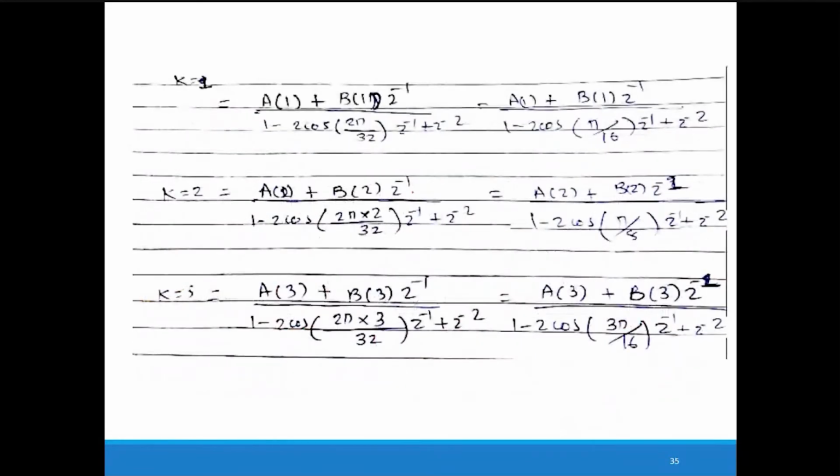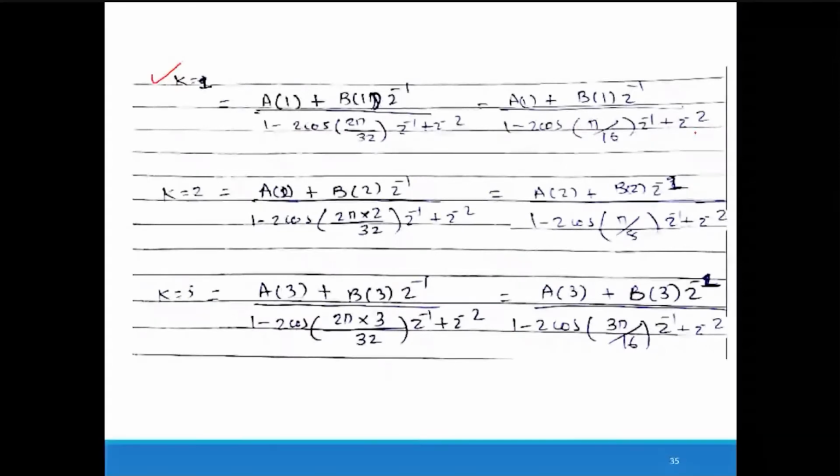Now we are taking the value of k equal to 1. For k equal to 1, this equation will be a1 plus b1 z inverse divided by 1 minus 2 cos 2 pi by 32 z inverse plus z raised to minus 2. If you simplify this, the equation will be a1 plus b1 z inverse divided by 1 minus 2 cos pi by 16 z inverse plus z raised to minus 2.